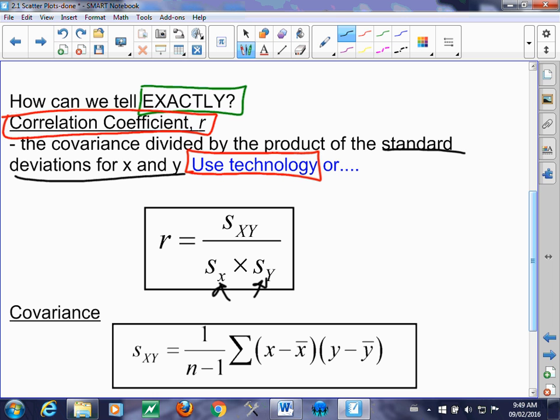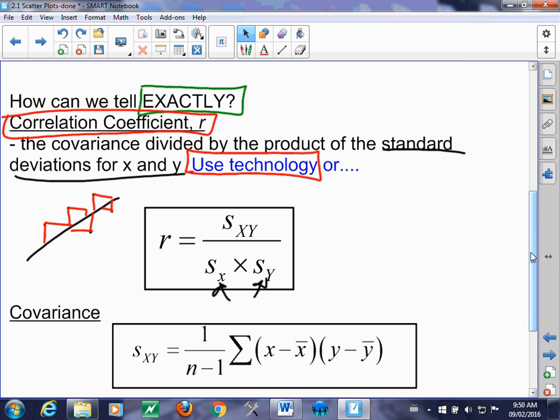What a correlation coefficient does, folks, in a nutshell, is it'll take each data point and say, how far away am I in the y and how far away am I in the x? Each one of them, they take a look at how far you are from the line. So that's basically what the correlation coefficient does, and then it puts all those together.